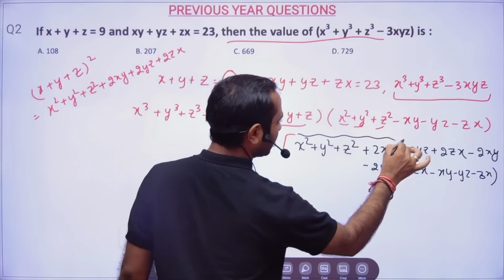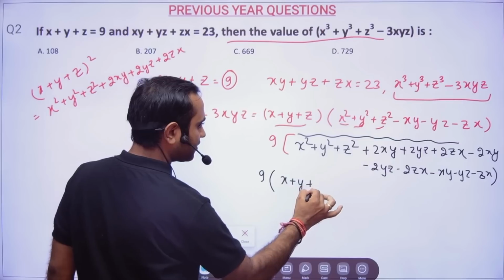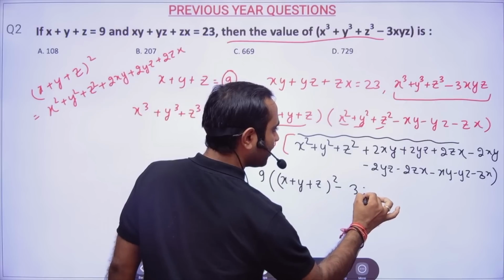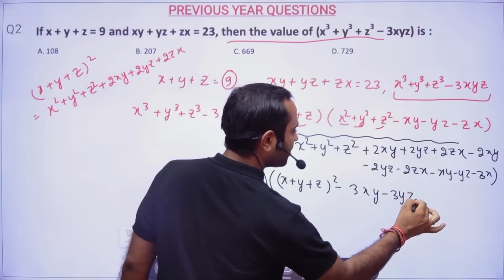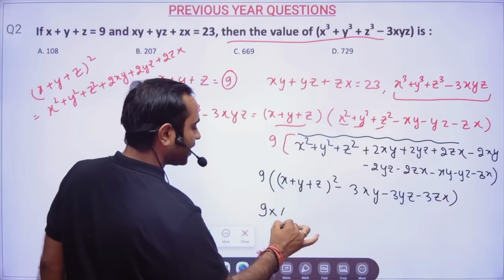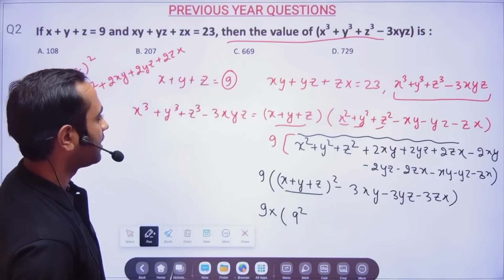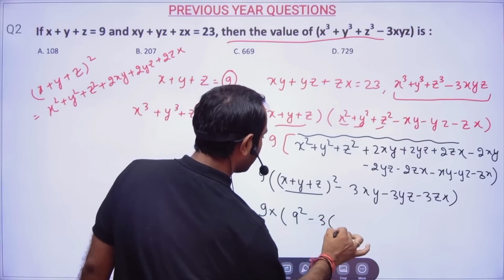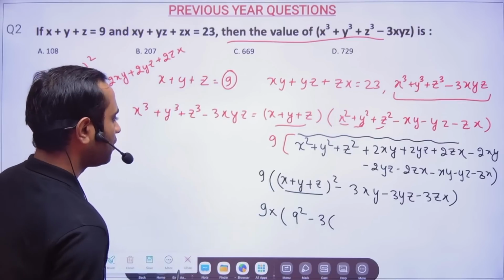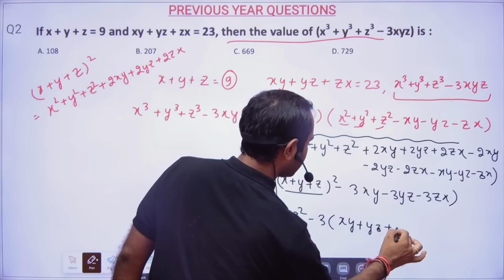Now this particular thing, if you see, is nothing but x plus y plus z whole square, and then minus, if you see, 3xy, 3yz and 3zx. Clear? So this will be nothing but 9 square, and then here you will see 3 into xy plus yz plus zx.